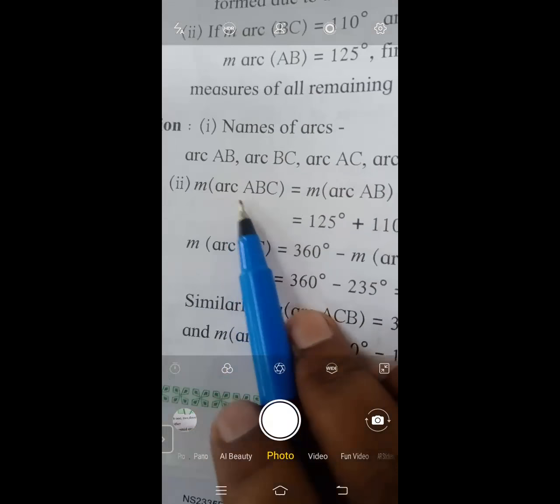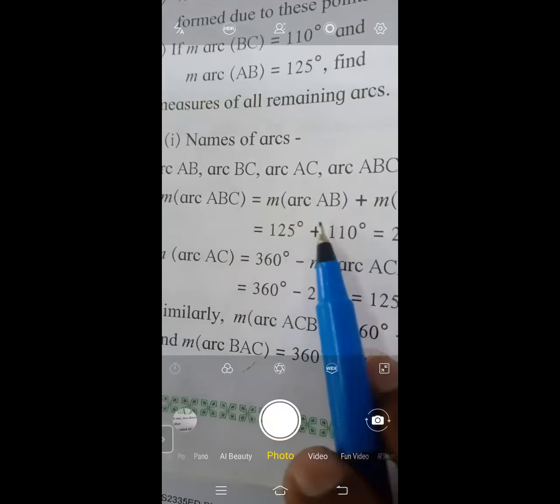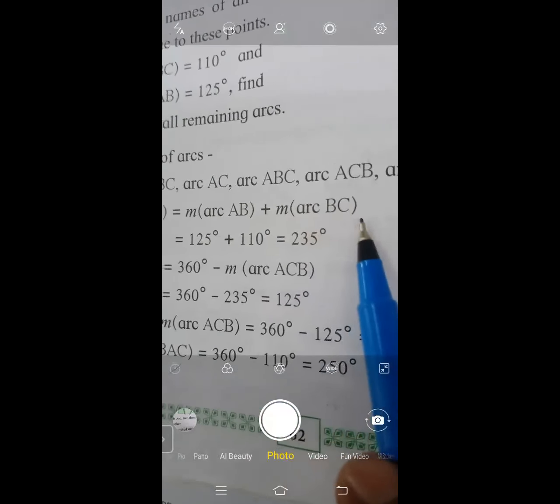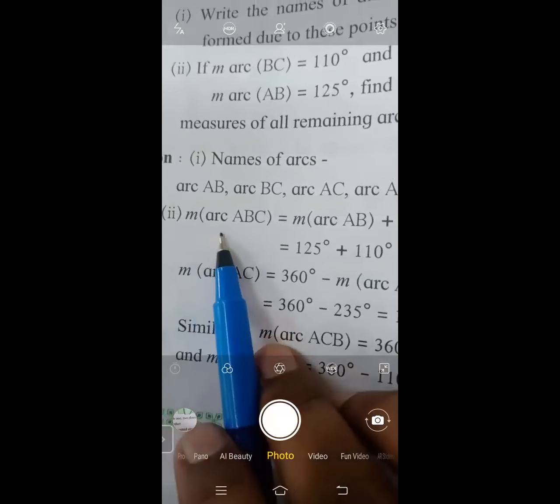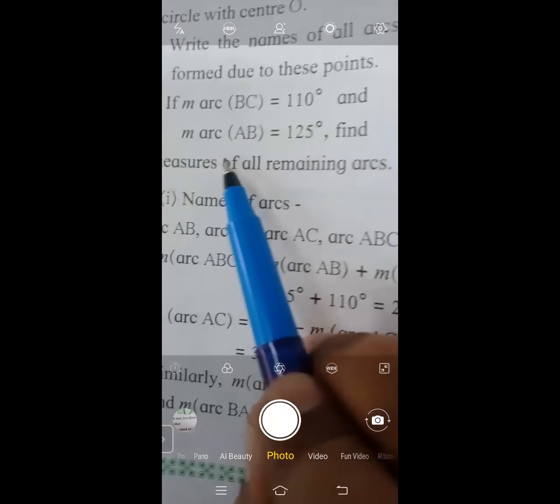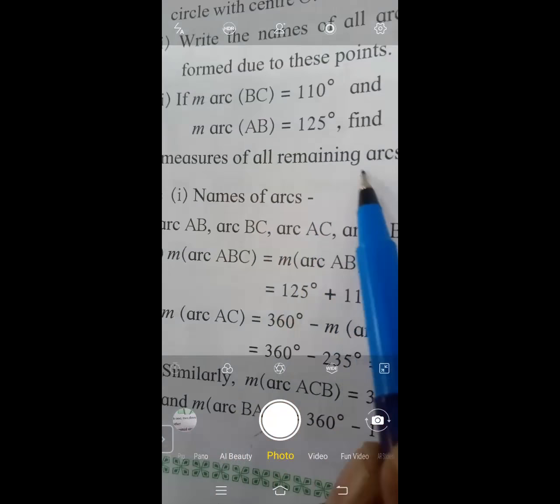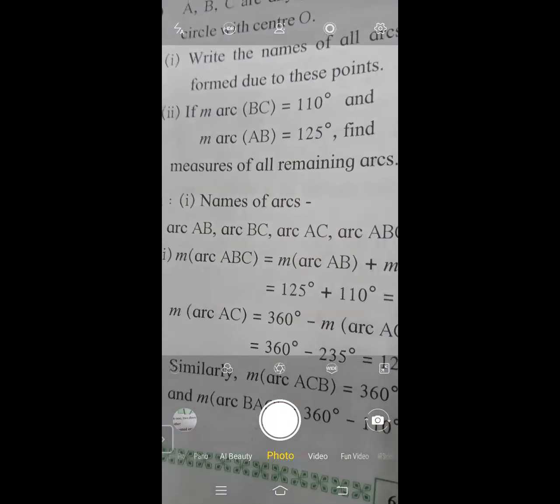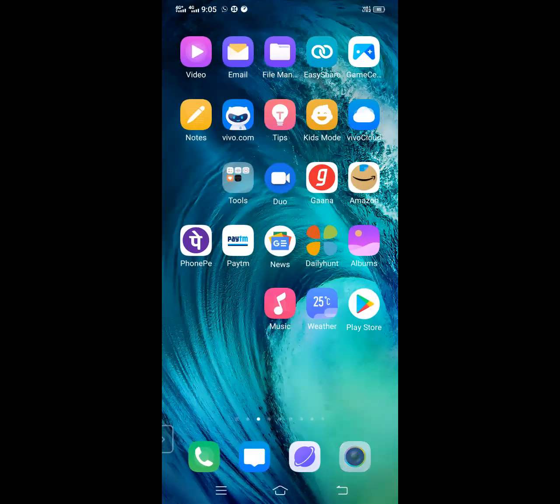Measure arc ABC is equal to measure arc AB plus measure arc BC. Okay, what do we have to find? We have to find the measures of all remaining arcs. What is given to us? First focus on that. BC is 110 degree.